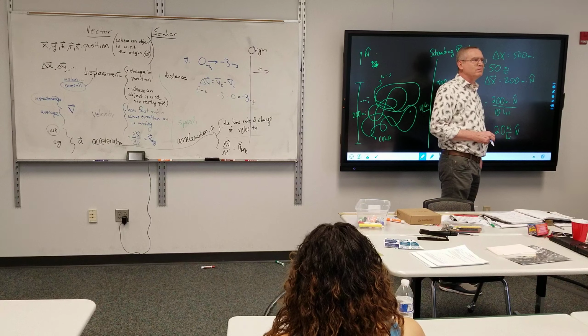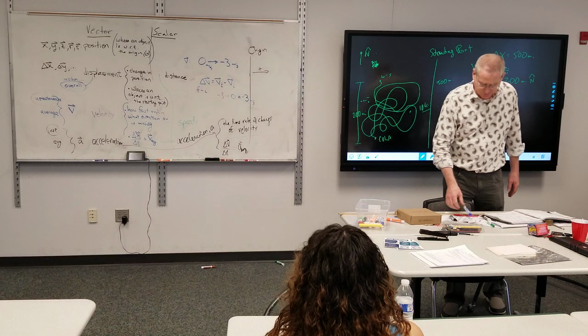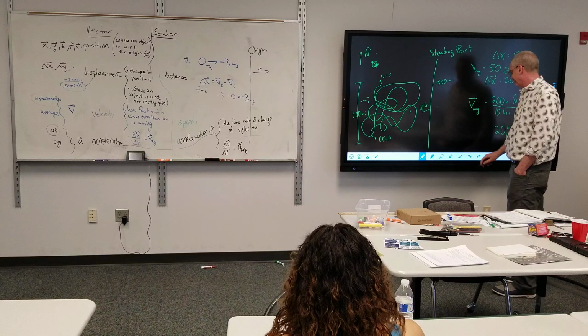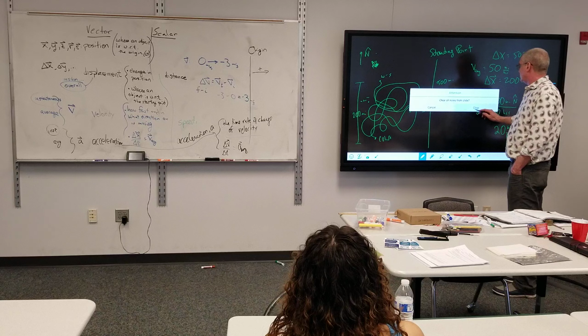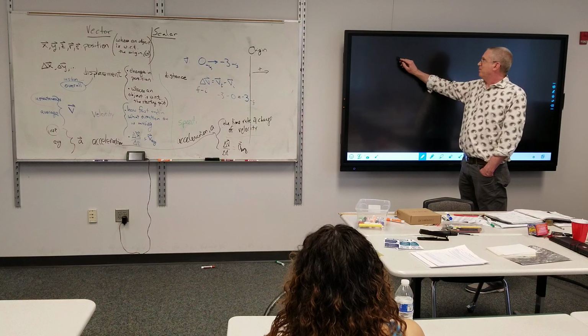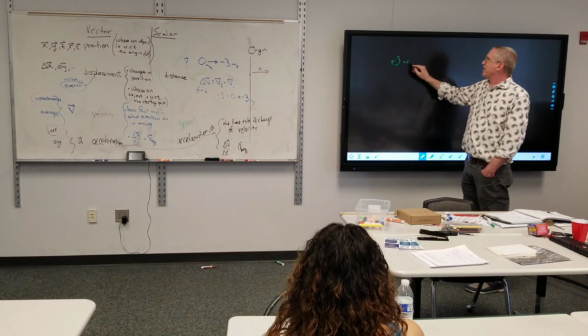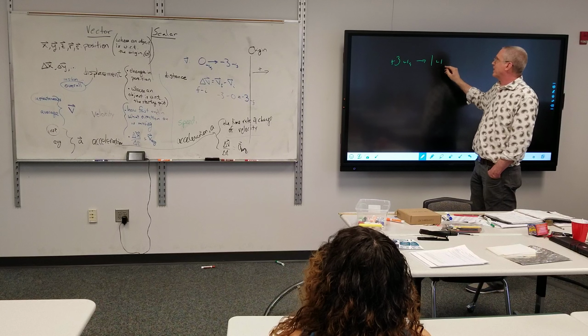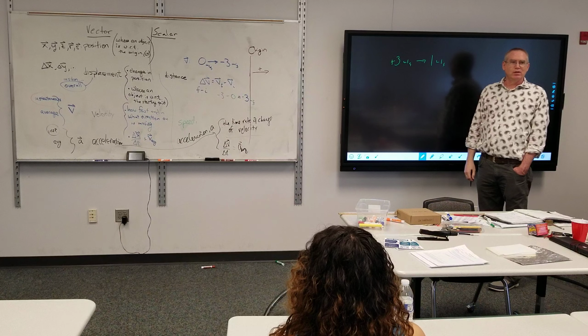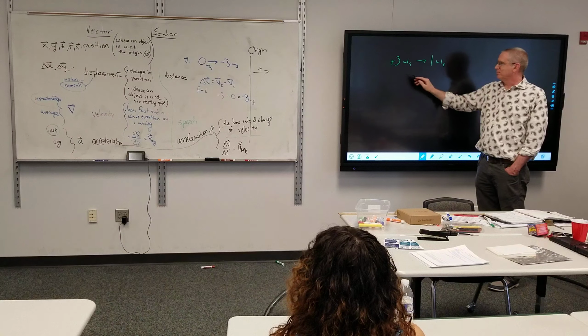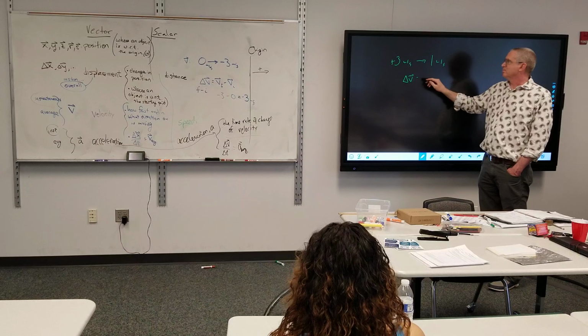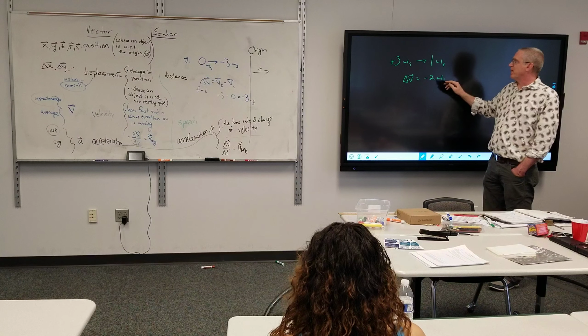All right. We can do it from a number point of view because who doesn't love numbers? If I'm going +3 meters per second and I slow down to 1 meter per second, what is my change? Your change is -2 meters per second.